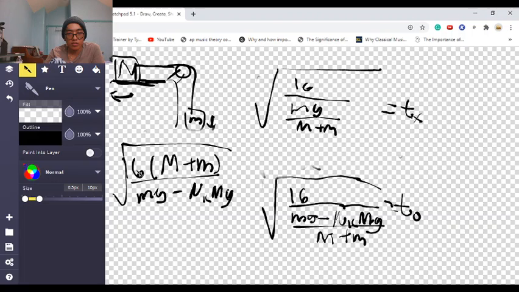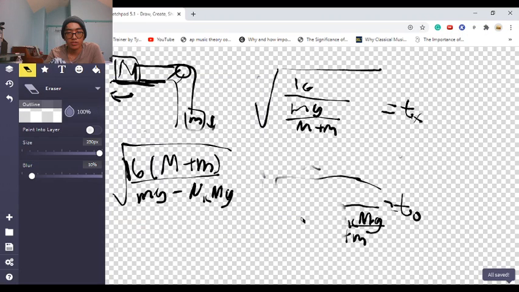Again, this is still time initial, so I'm just going to erase it. Time initial.